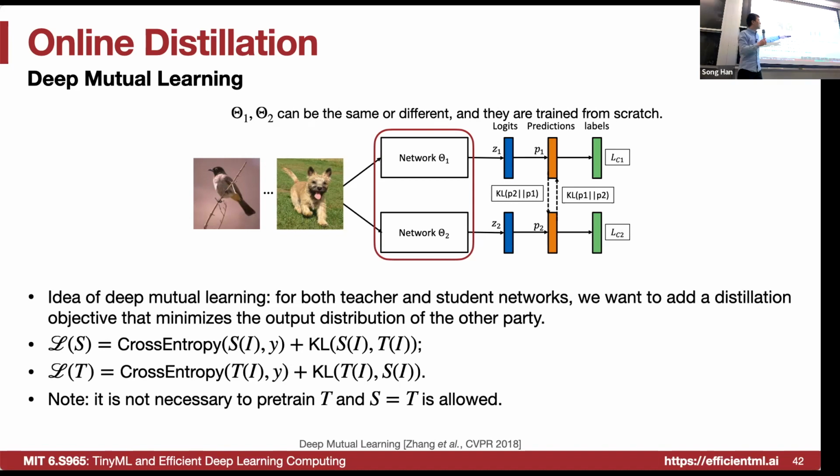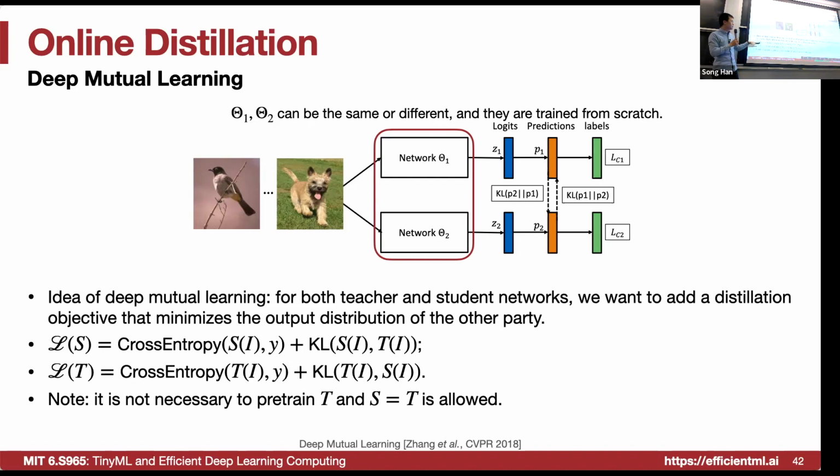So network 1 and network 2 can be the same architecture. They can also have very different architectures. We just want to add a distillation objective that minimizes the difference from the output distribution of the other party.